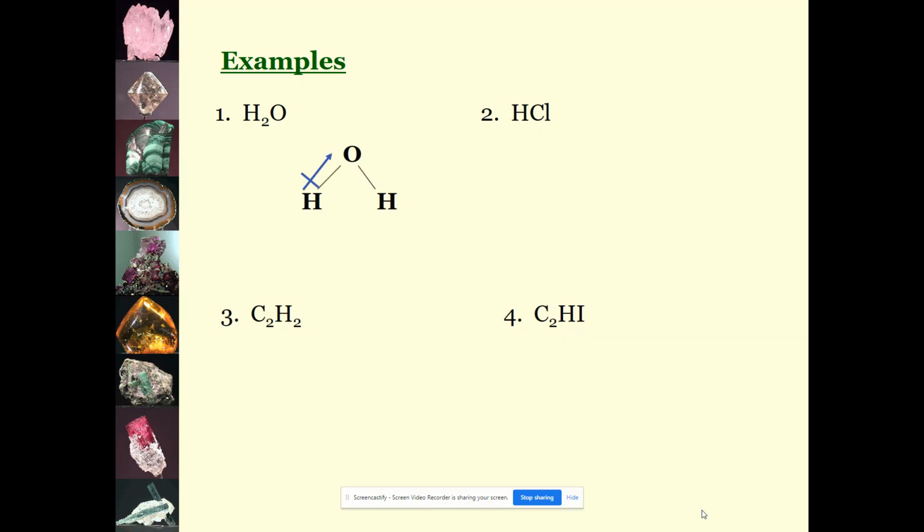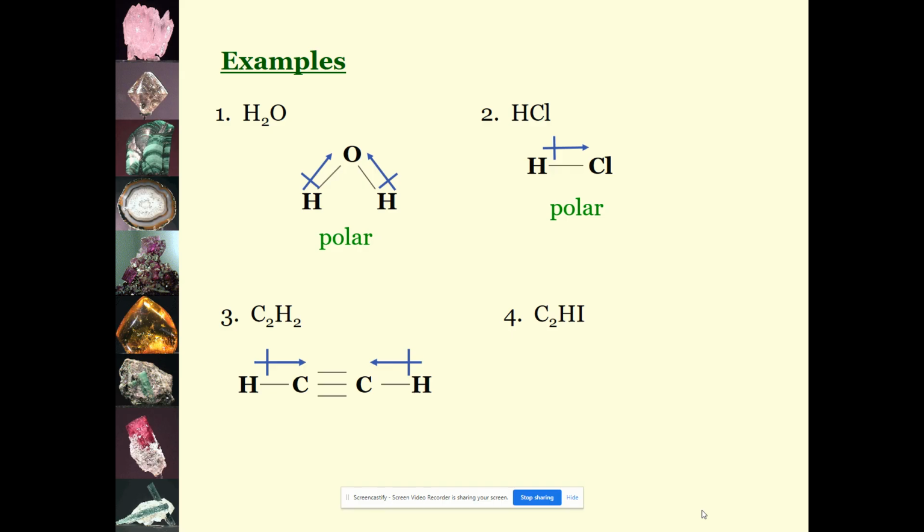So here's a couple of examples. This is drawing the bond dipole diagram. You don't have to draw them, but it's just, again, kind of showing you why they can't cancel. And these are polar. Water's polar, HCl is polar, but for C2H2, there are 2 carbons in the middle, which is nonpolar between them, and then the terminal atoms are hydrogen.